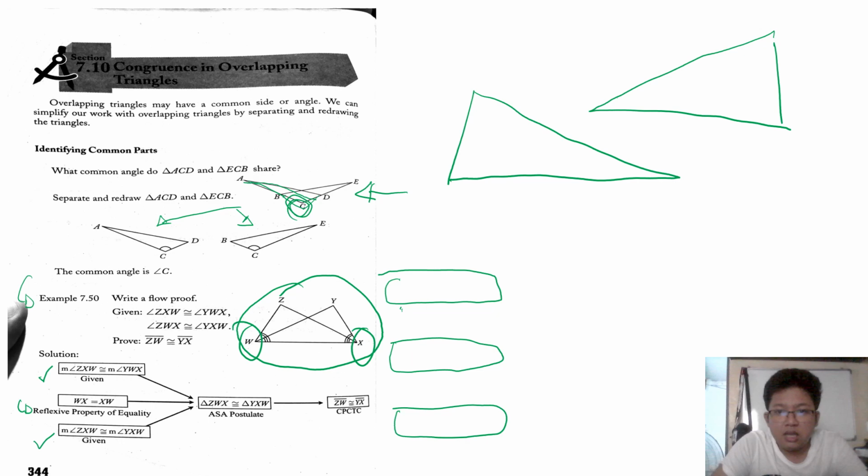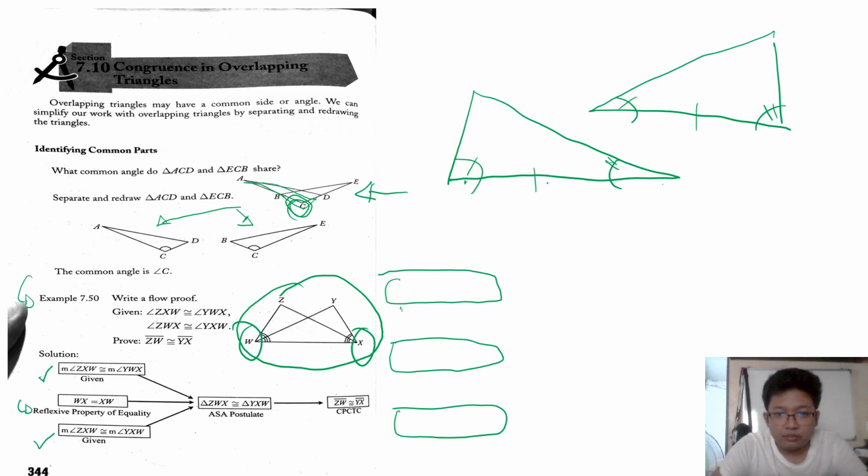Itong corresponding parts na ito ay congruent, and given that one side is also equal because of the reflexive property. As you can see, the postulate that we can determine here for their congruency is the ASA postulate. Angle, side, angle postulate. Okay?